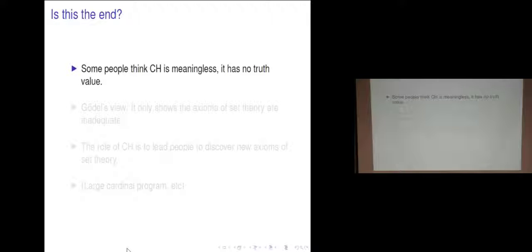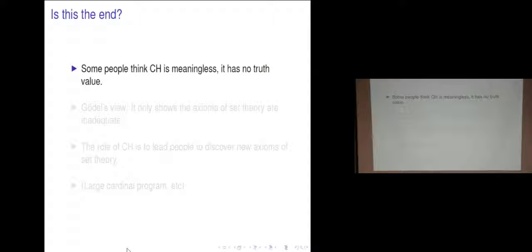This is again related to philosophy of mathematics. Some people believe mathematics, especially about infinity, is not real. It does not exist in the physical world. So it's our fantasy, and for something like a fantasy, there's no truth. You can imagine it this way, you can imagine it that way.